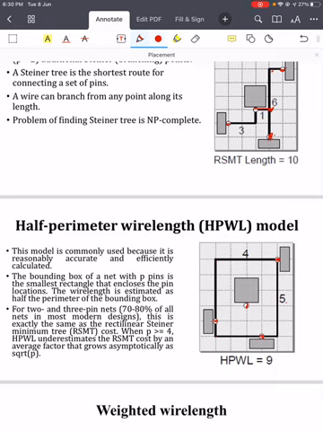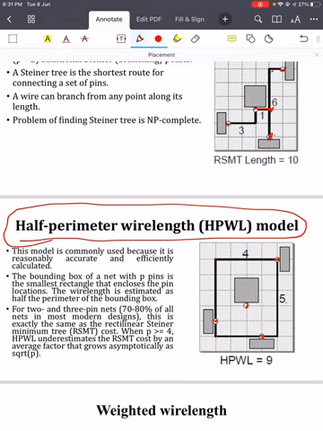This is commonly used in placement algorithms. It is reasonably accurate and efficiently calculated. The reason for using the half perimeter wire length model is that it more often gives you a better estimate for most cases, particularly when you have 2-pin or 3-pin nets.